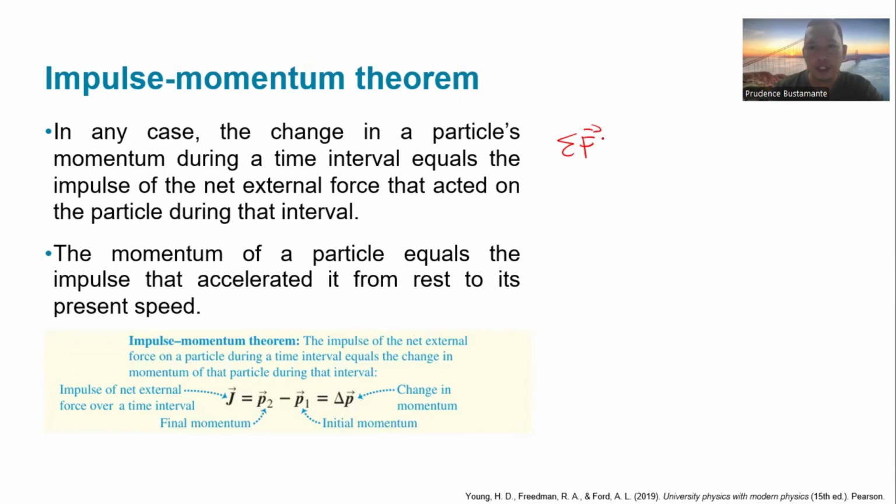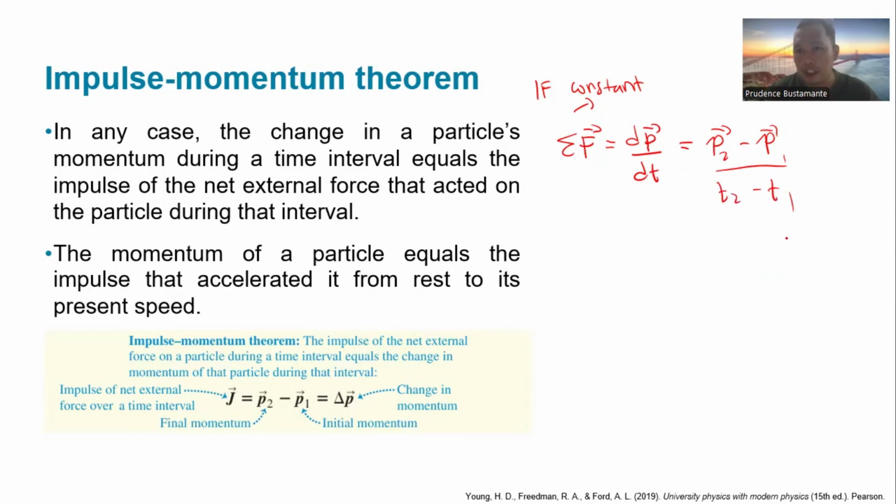In terms of Newton's second law, if this is constant, then the rate of change of the particle's momentum is equal to the net force, only if constant. It is equal to the change of momentum, the final momentum minus the initial momentum, over T2 minus T1.